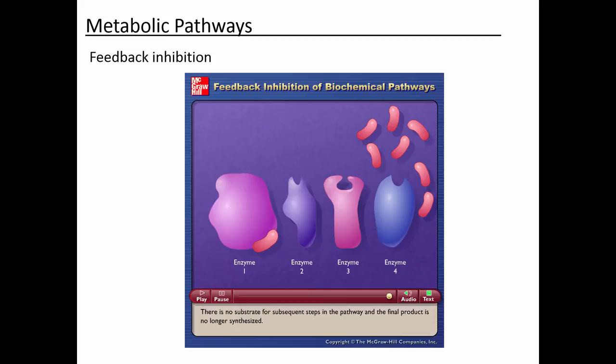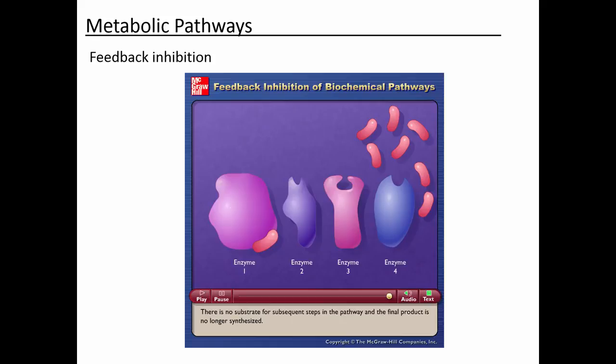Once the product reaches a certain concentration, you inhibit all of enzyme 1 in the cell, and that's going to shut down the whole pathway, which is useful for preventing producing too much of the product.